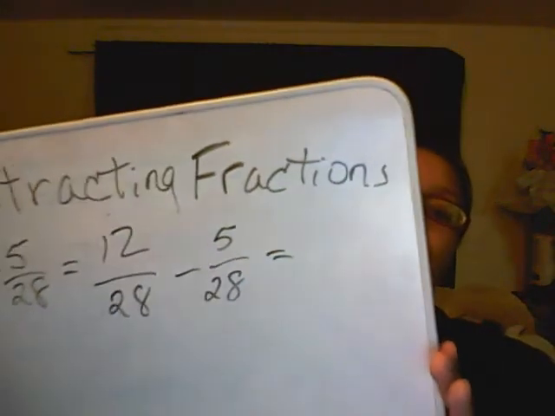And 4 times 7 is, right. So now we have 12/28 minus 5/28. And 12 minus 5 is, correct. So we're left with 7/28. You can leave it like that, which is fine. We're just learning how to do it.